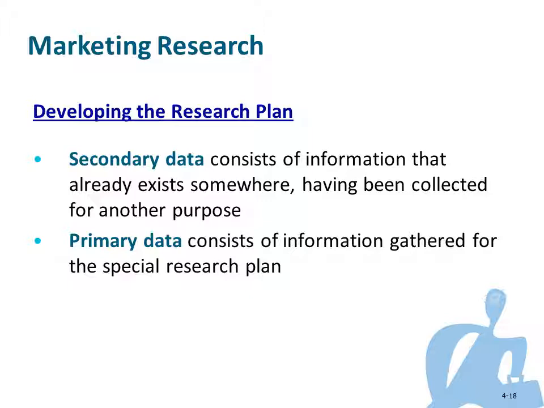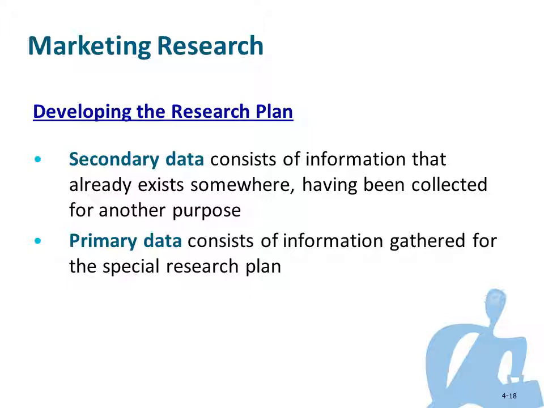For example, a visit to the library might provide all the information a researcher needs on a career at almost no cost. A study to collect primary information might take weeks or months and cost a lot of money.